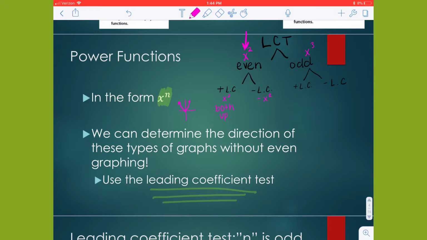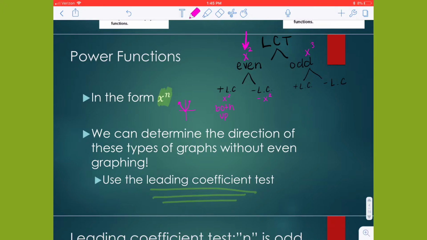You can say left up, right up, however you want to word that is fine. You just want to have the idea that both sides are going up. That x to the 4th, x to the 10th, x to the 100th, x to the millionth, because those are all even degrees with a positive leading coefficient, a positive one in front, all of those graphs' end behavior, the left and the right, are both going up.